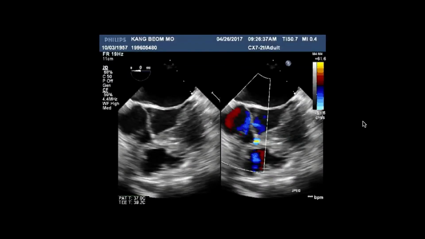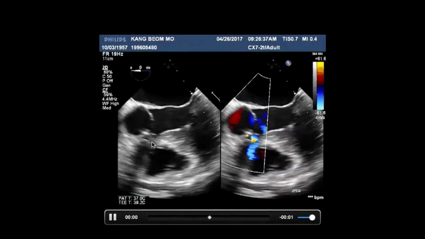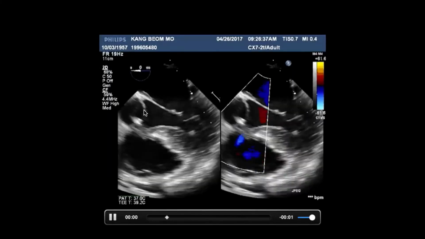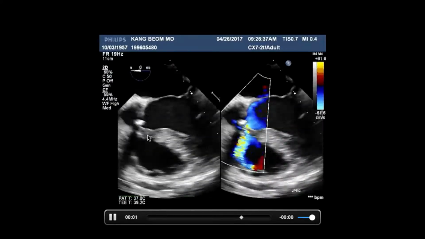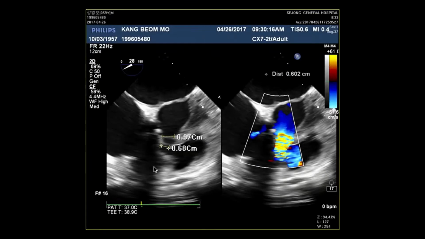The next issue is aortic regurgitation. Recently, I experienced a very interesting case. This is an adult patient who has a muscular outlet VSD, with the aortic valve here and the VSD. A moderate shunt was observed, and I measured the left ventricular side diameter as 9.7 and the right ventricular side as 6.8.